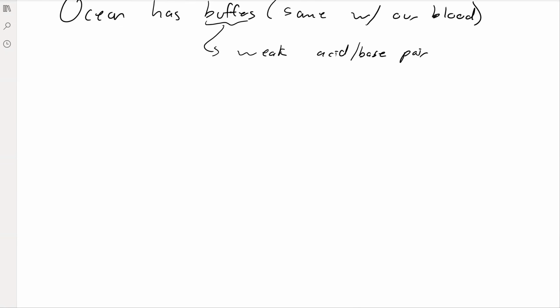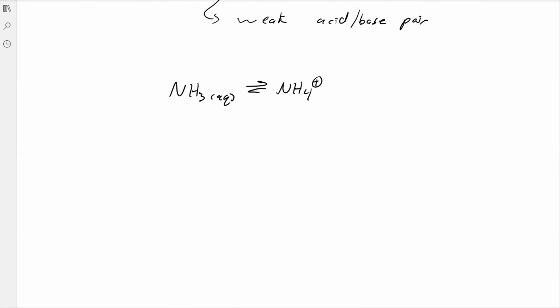An example of this is NH3 and then NH4 plus. This is not what's found in our blood or the ocean. This is just a relatively simple example. So what we can see is we have a pair of acid-base conjugate pairs.